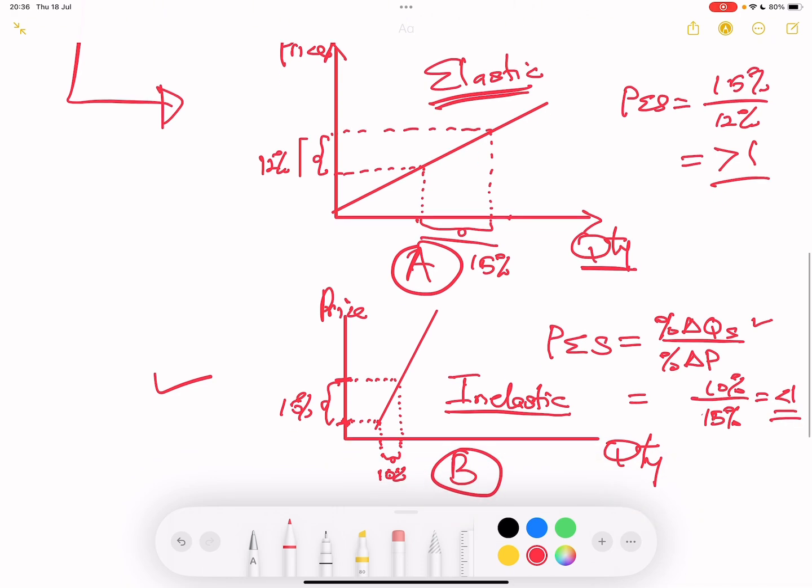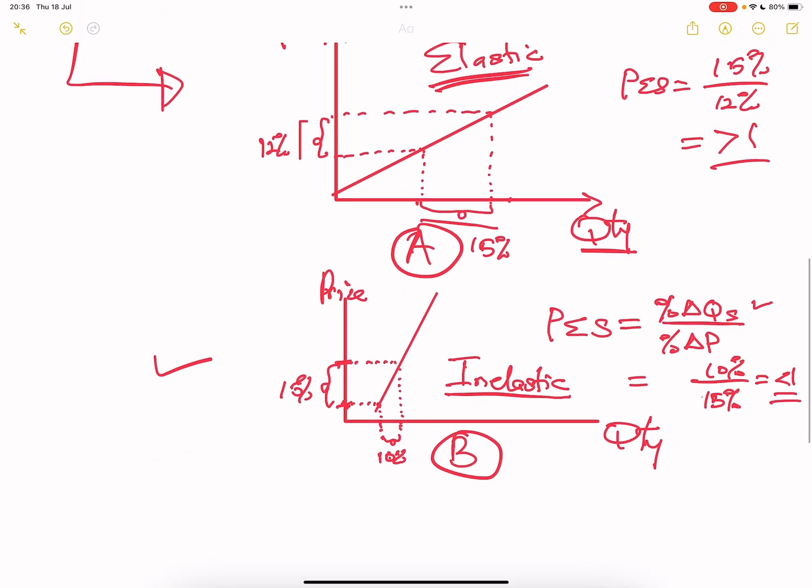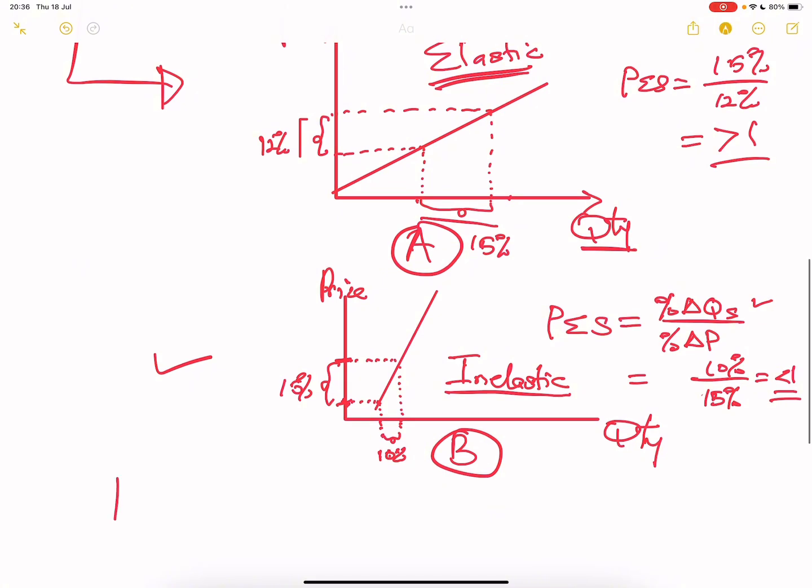What summary can we make from this? I like to show you like this so that you don't have to memorize. It means that this is very steep, almost turning towards vertical.